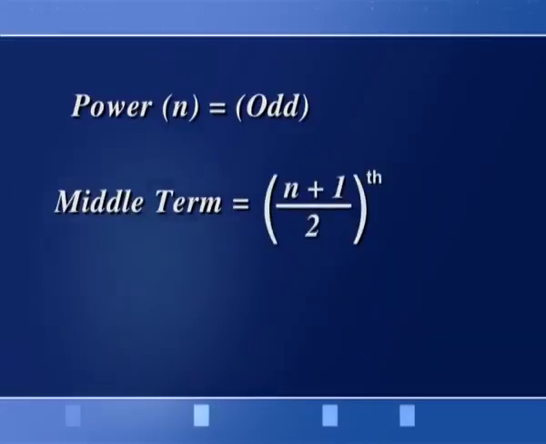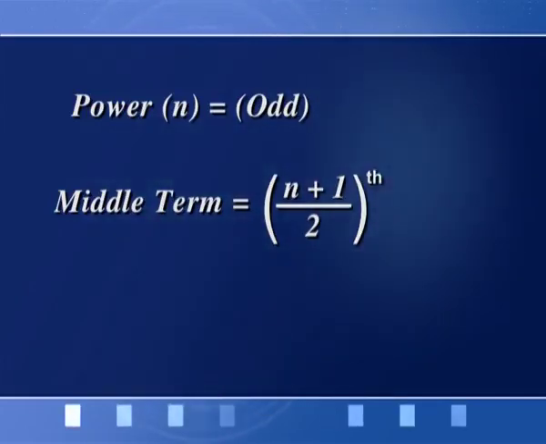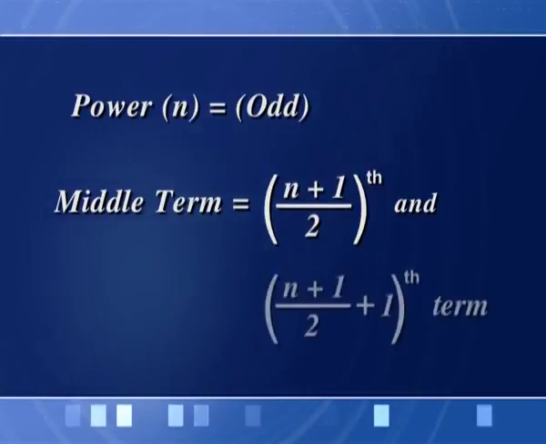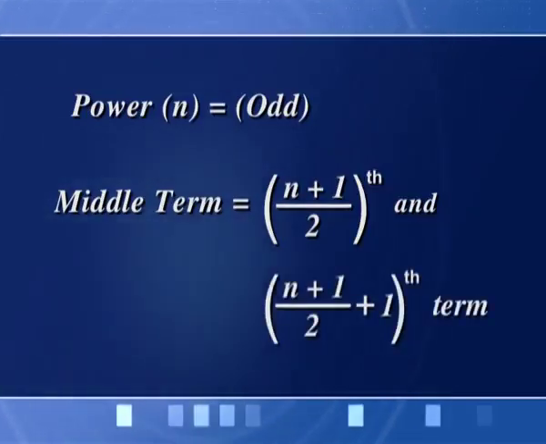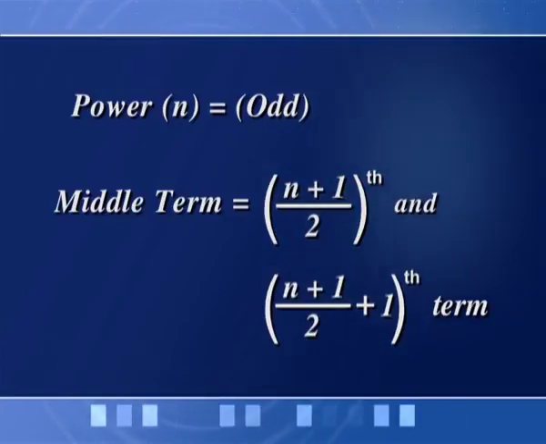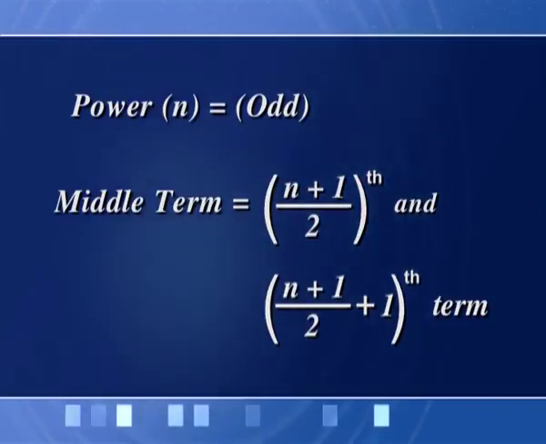Whenever the power given to us is an odd number, the middle term is given by the (n plus 1) by 2 th term, and the second middle term will be the ((n plus 1) divided by 2 plus 1) th term. So we are going to have two middle terms whenever the power given to us is an odd number.